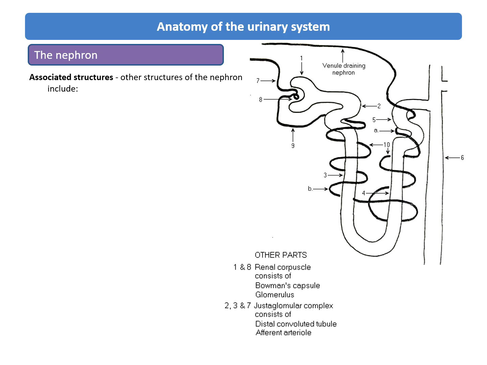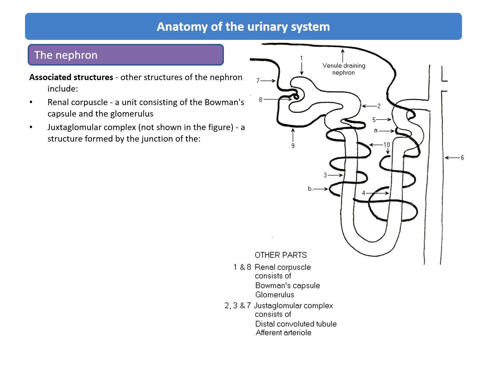Associated structures of the nephron include the renal corpuscle. This is a unit consisting of the Bowman's capsule and the glomerulus. It was named because early on, when the kidney was studied, these became pretty obvious under a microscope.